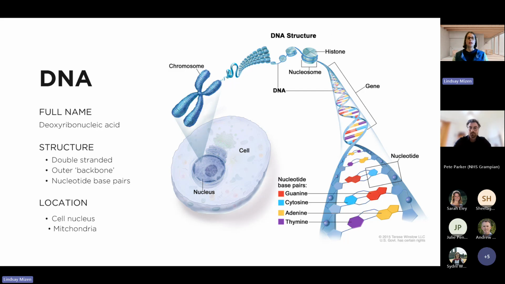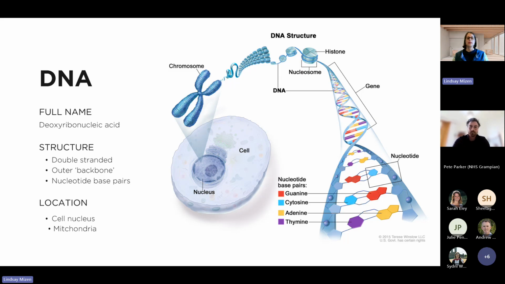So I think a lot of people have heard of DNA, and its full name is deoxyribonucleic acid, which you definitely don't need to remember. It is what's called a double-stranded molecule. So it has, I don't actually know if you can see my pointer, hopefully you can, these two strands, one here on the left and one on the right, and they are joined by what we call nucleotide base pairs.